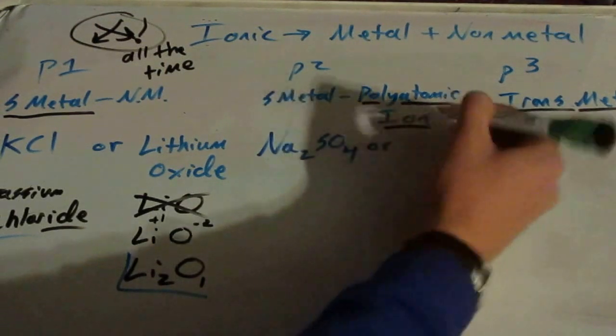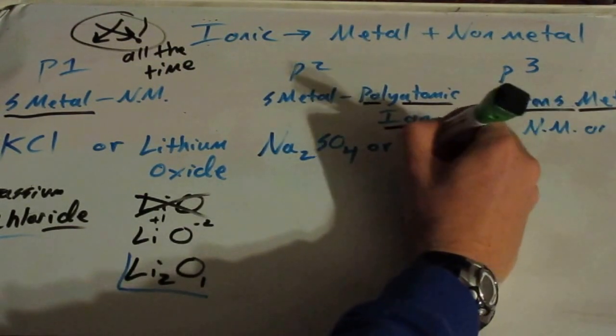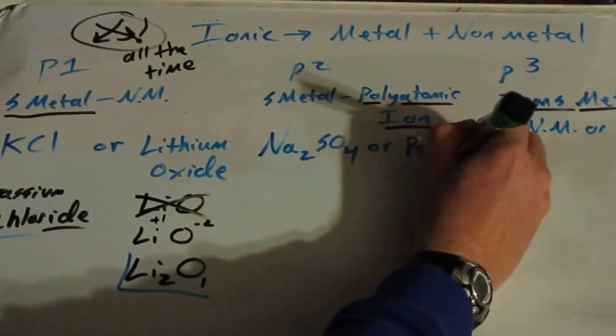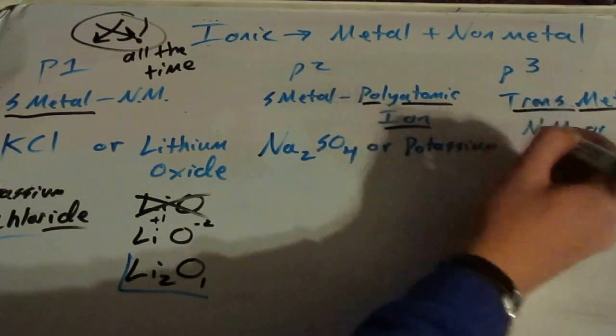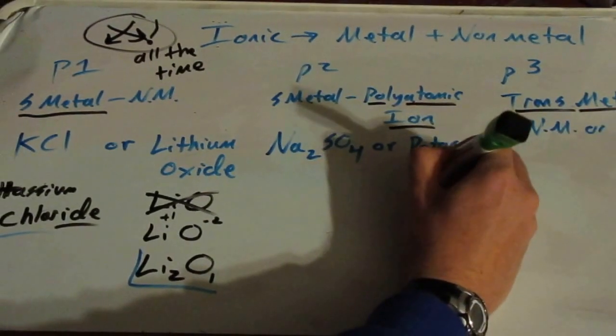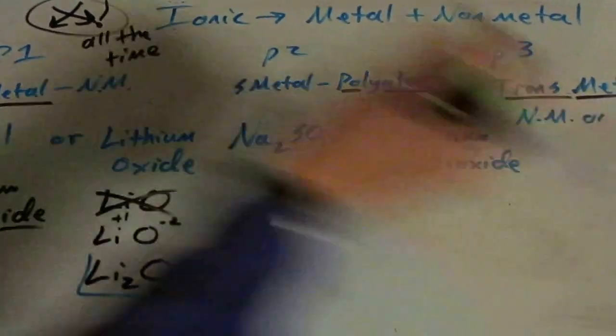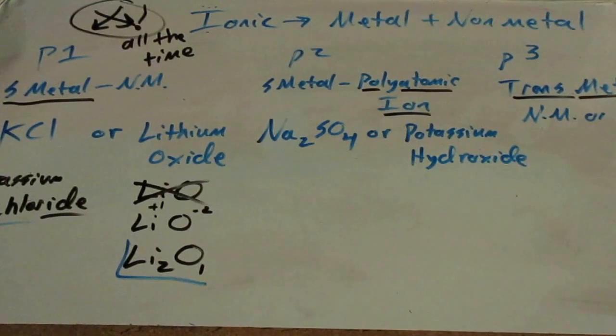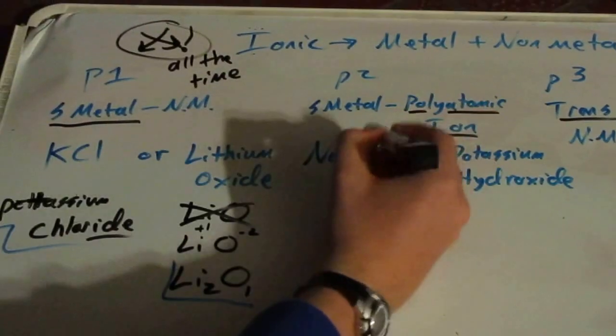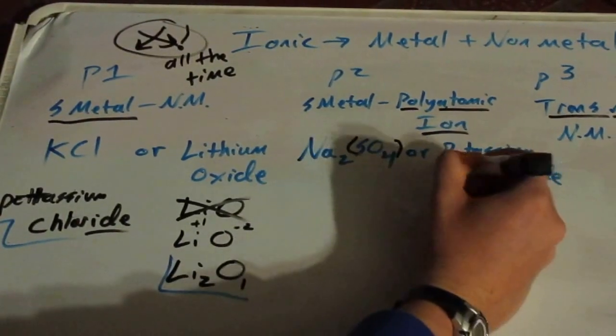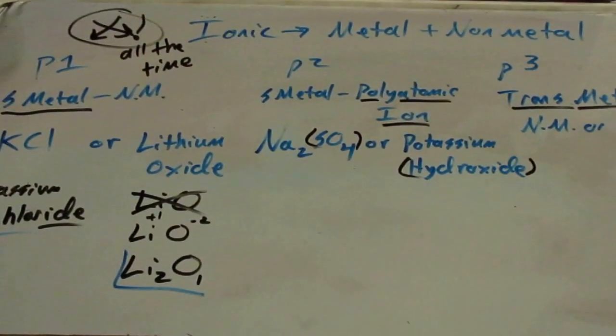Or we might get something like potassium hydroxide. Again, here, as you can see, I do have a polyatomic ion. This guy and that one are polyatomics.